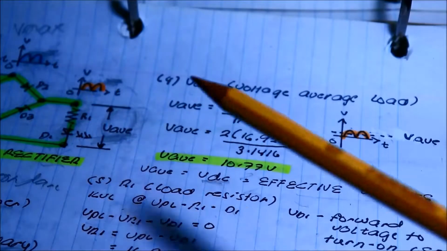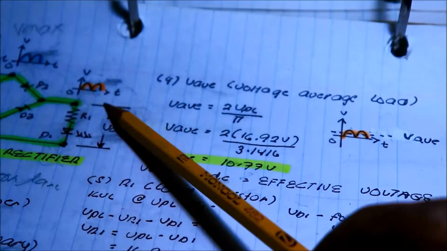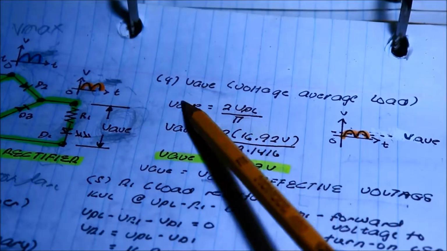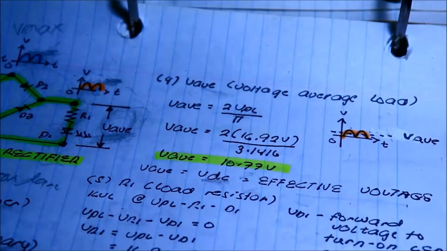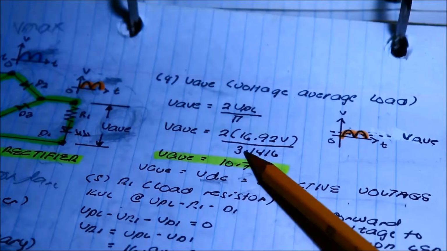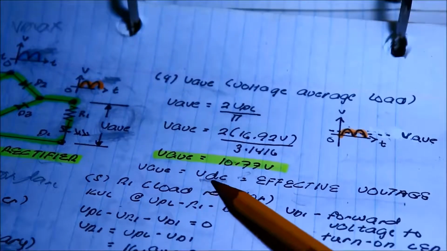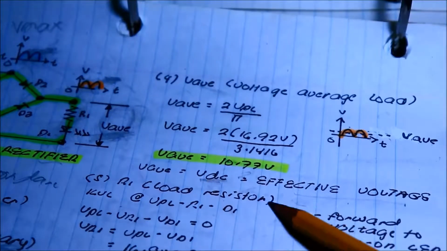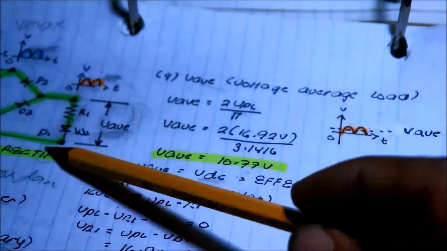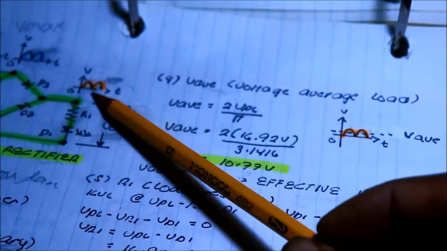We are averaging the waveform, because this is still pulsating DC. That's why the pulsating DC has a voltage average. The voltage average is equivalent to the voltage DC, or the effective voltage, because the voltage supplied to the load is still pulsating DC.